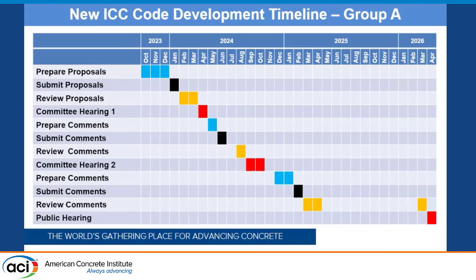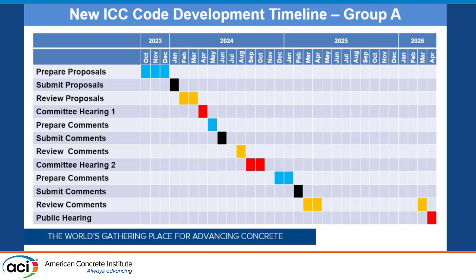There's a lot of time and commitment to reviewing things in between the hearings, because everybody who wants to testify at the hearings has to submit either a code change proposal initially or a public comment. And then you have to review all of those comments. So if we submit something that says we want ACI 562 referenced in the existing building code, people can submit public comments saying, no, we don't think that's a good idea.